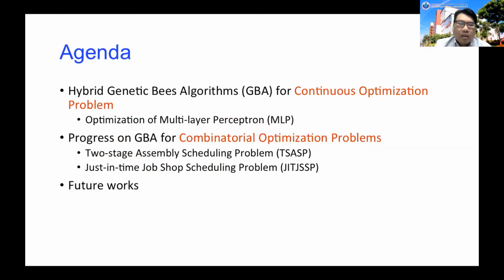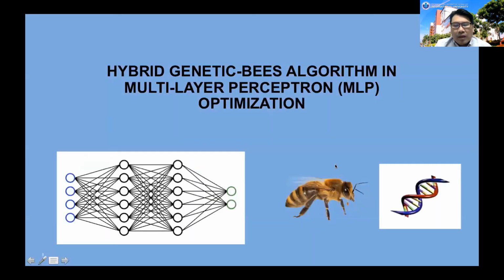The first one is the assembly scheduling problem. And the second one is a just-in-time job shop scheduling problem. Okay, so the first one is for the continuous optimization problem.